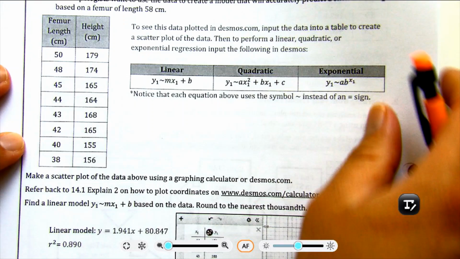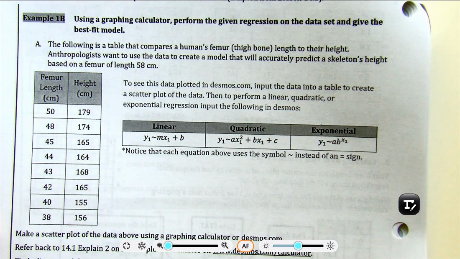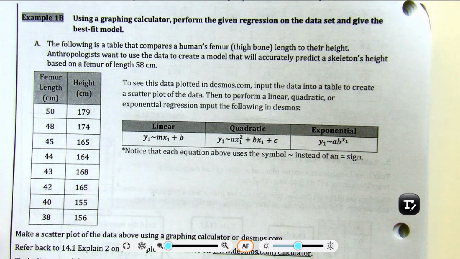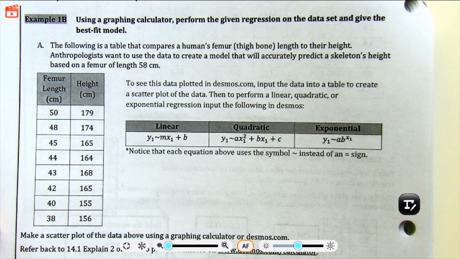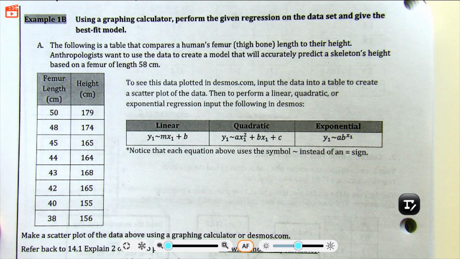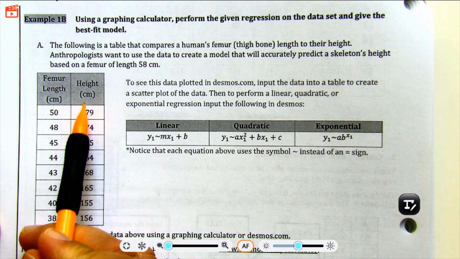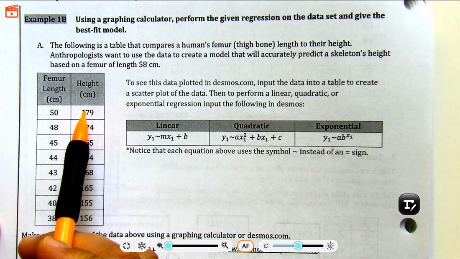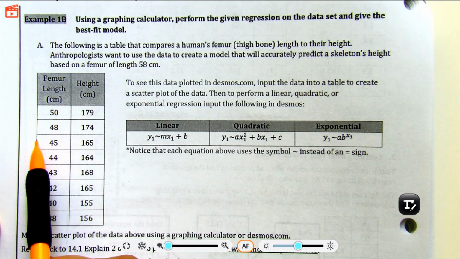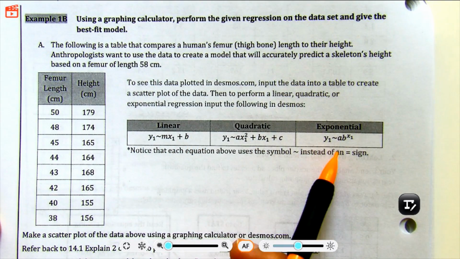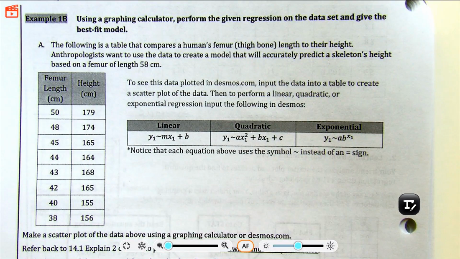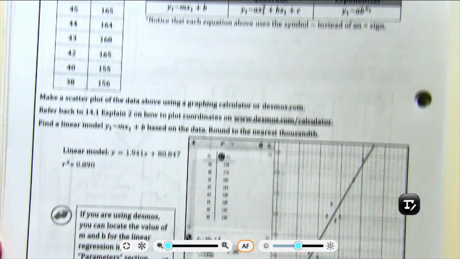So when we are modeling data, we could apply this to any kind of word problem. For example 1, this is an example about the length of a femur and the height of someone. And we have the data here. We're going to be using these same linear, quadratic, exponential models on Desmos, and then if you plot them on the graph, you notice that this fits a linear model.